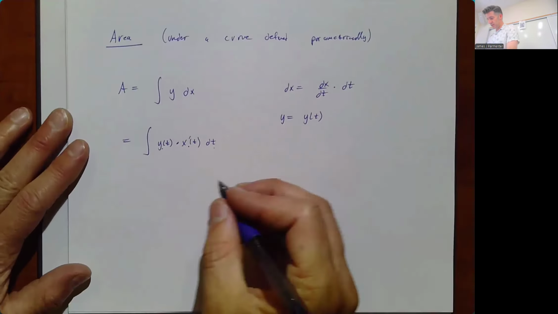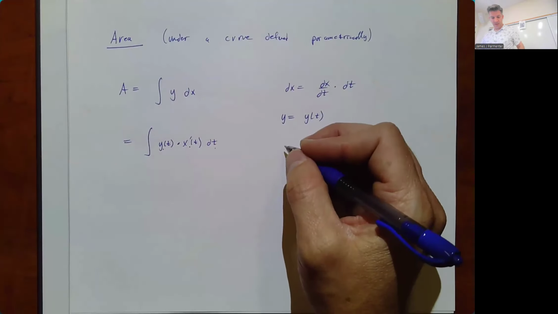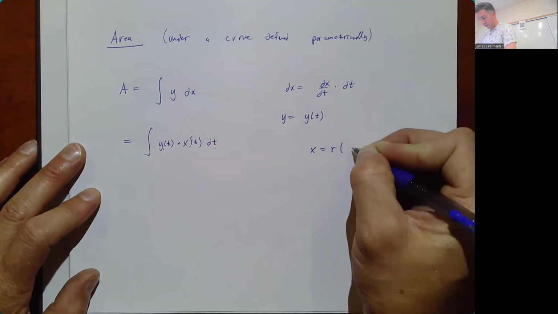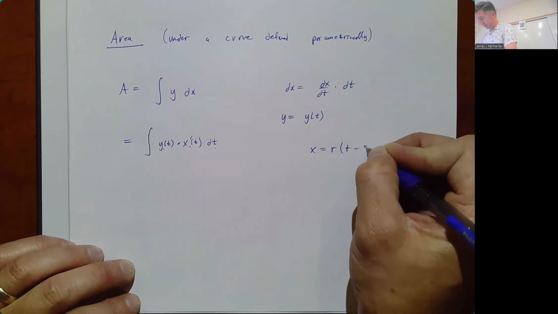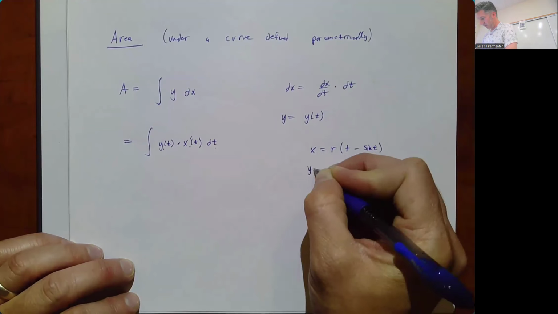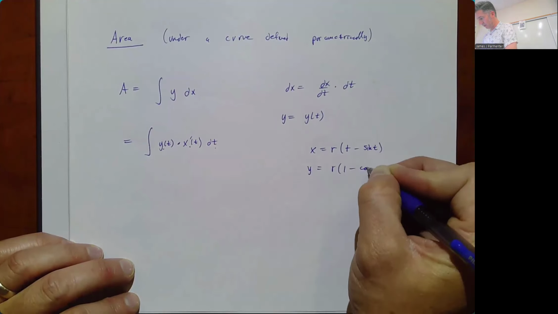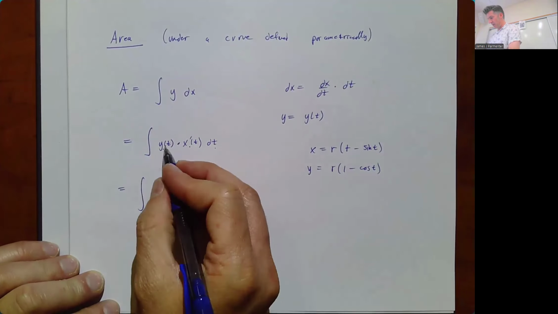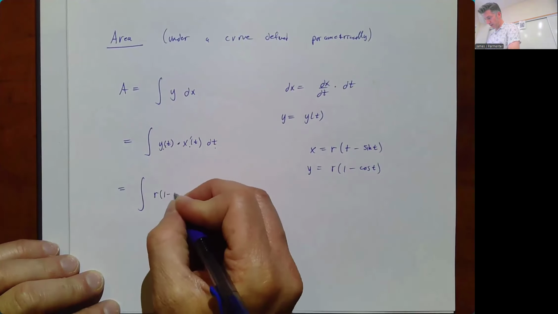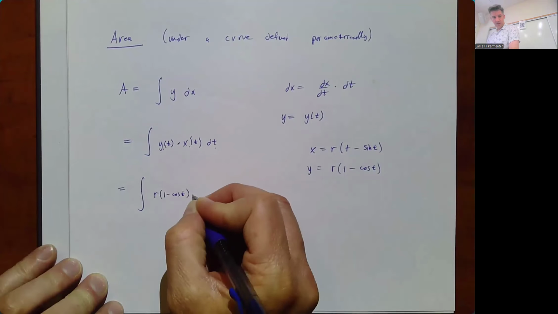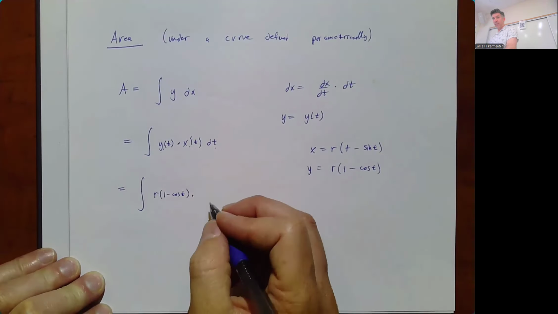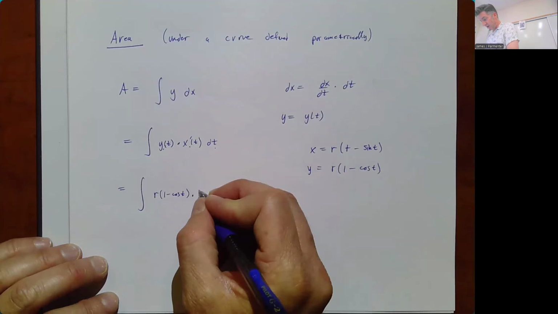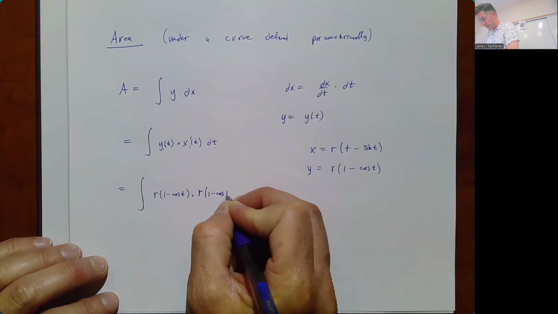So in this case, using still the same parameterization, that x is equal to r times (t minus sine of t), and y is equal to r times (1 minus cosine of t), then we're going to end up getting the integral of y, which is r times (1 minus cosine of t), times x prime, which happens to be the same, right? The derivative of x is r times (1 minus cosine of t).